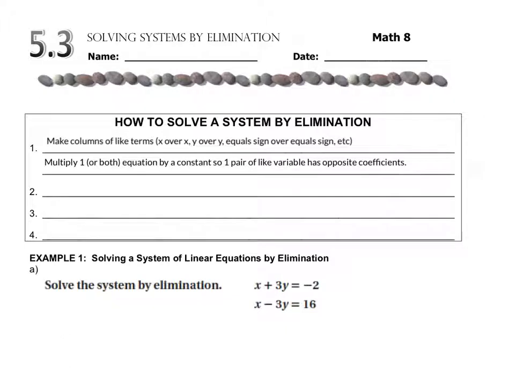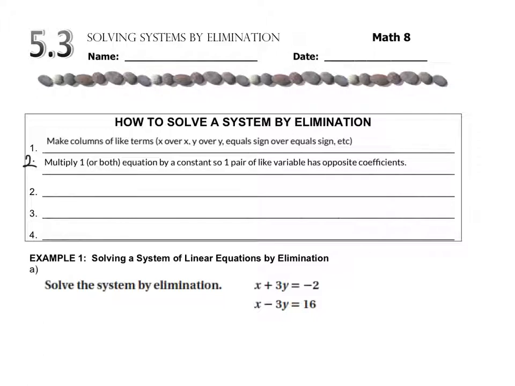So step two, and we're going to change these numbers over here a little bit. We're then going to multiply one, sometimes both, but one equation by a constant, which we know means just a number, so that one pair of like variables has opposite coefficients. Let's talk quickly about that. A coefficient is a number in front of a variable.